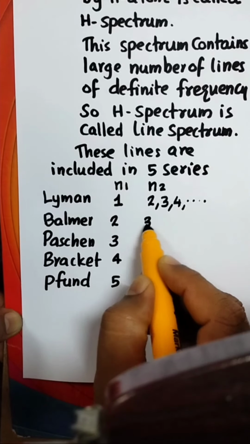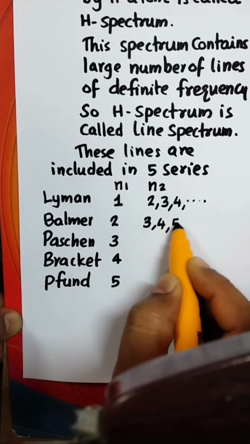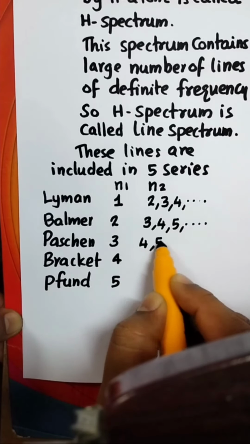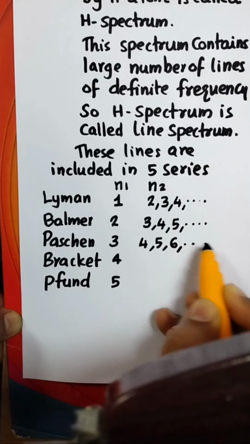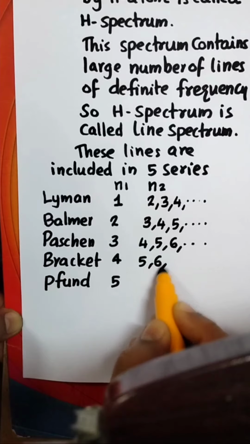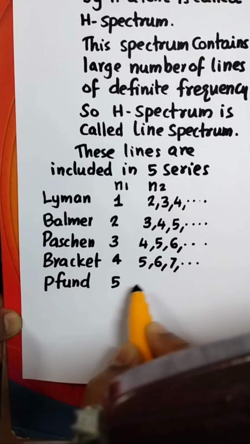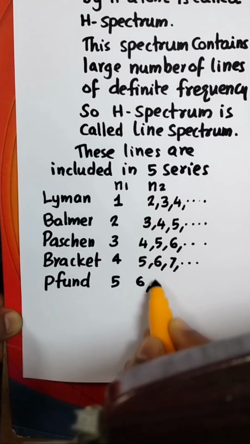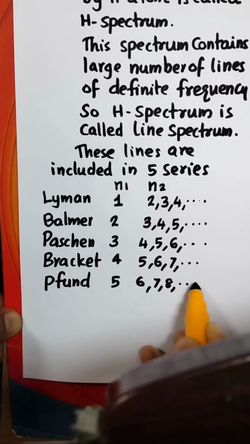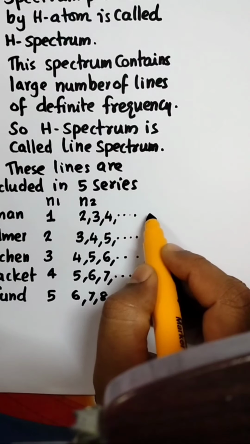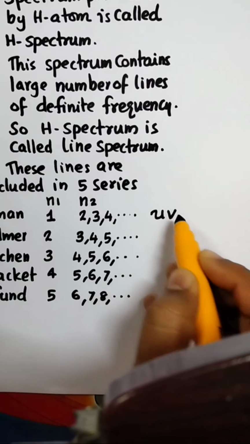In Balmer series, n2 equals 3, 4, 5, etc. In Paschen series, value of n2 is 4, 5, 6, etc. In Brackett series, 5, 6, 7, etc. And in Pfund series, value of n2 equals 6, 7, 8, etc. Lyman series is present in ultraviolet region.